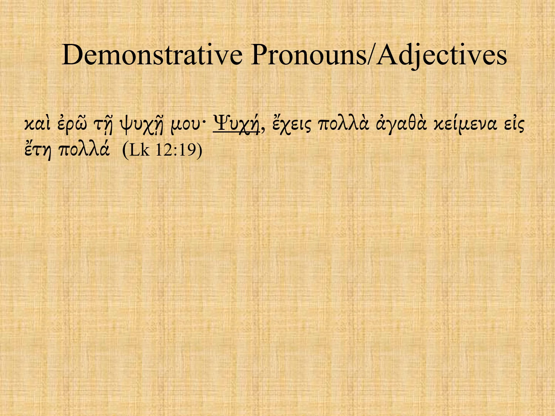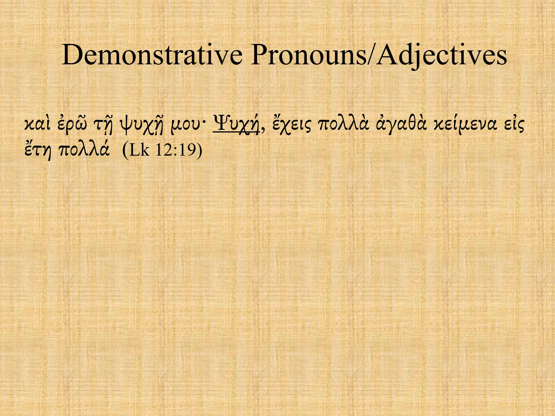And as I indicated, very often also the singular words are identical both in vocative and in nominative case. But let's read Luke 12:19. Kai ero te psyche mou, psyche, echeis polla agatha keimena eis ete polla.